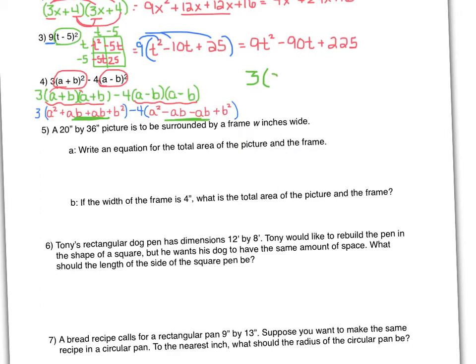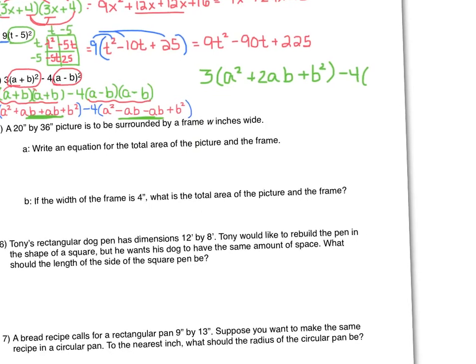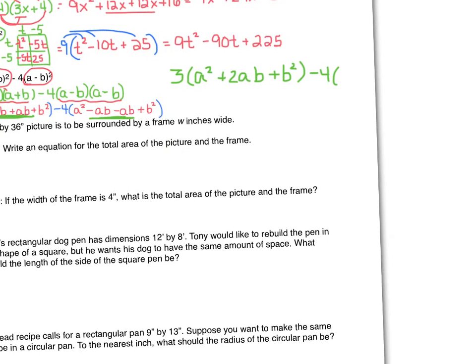So this is now a squared plus 2ab plus b squared, minus 4, and then let's do the same thing over here. I'm just going to combine my ABs. So I'll have a squared minus 2ab plus b squared.